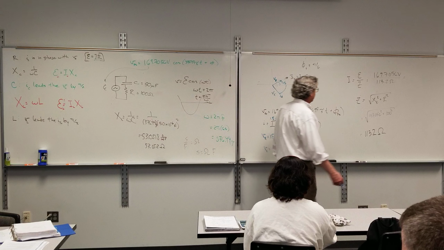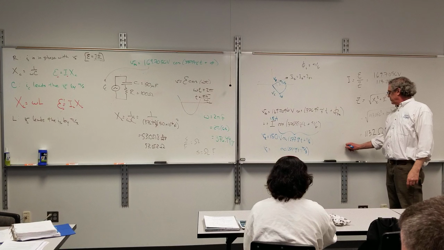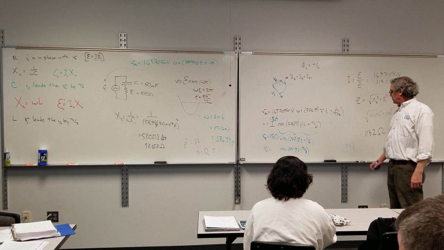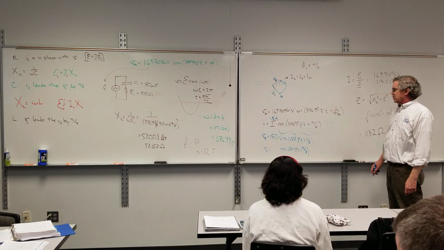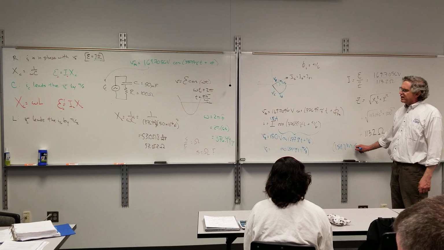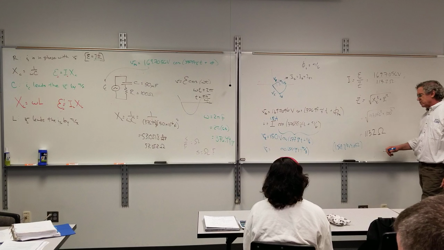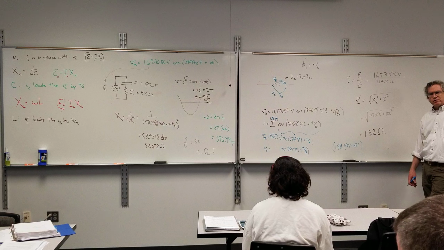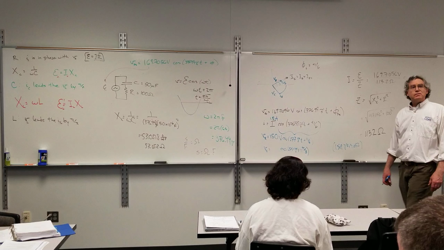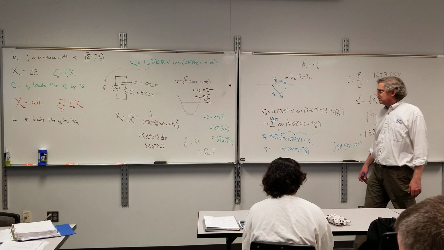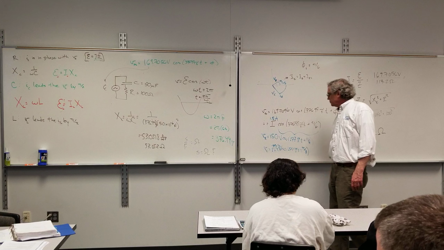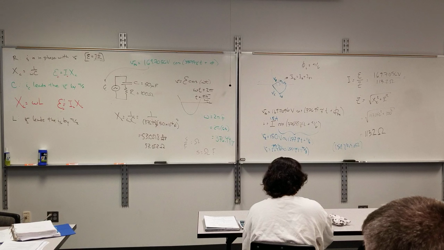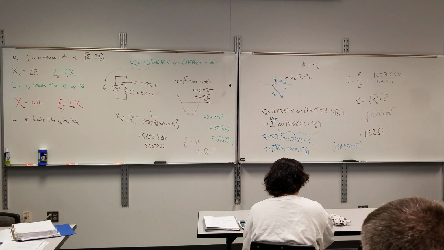So that is going to be the current, 1.5, times the capacitive reactance, 53.052, which is somewhere around 79.53. Close enough. I left the hearing aids at home, so I'm missing out on little things.